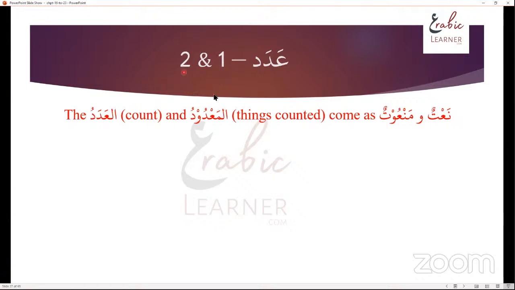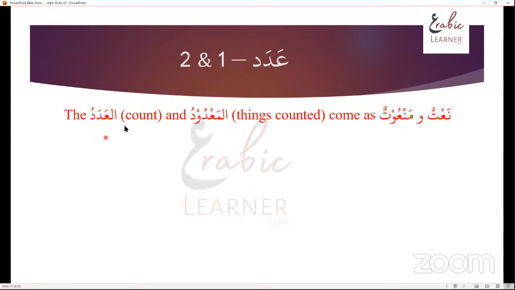So when you are dealing with the numbers 1 and 2, if you are saying 1 pen, 2 books, 1 car, 2 men, 2 women, 2 girls, 1 girl, 1 boy, all these are ma'dood.